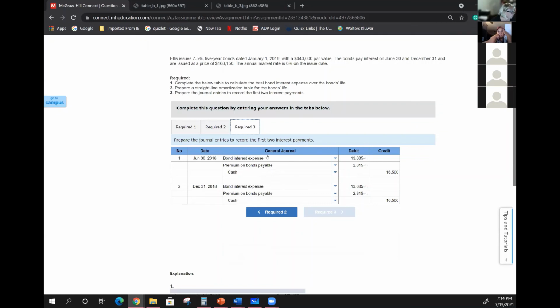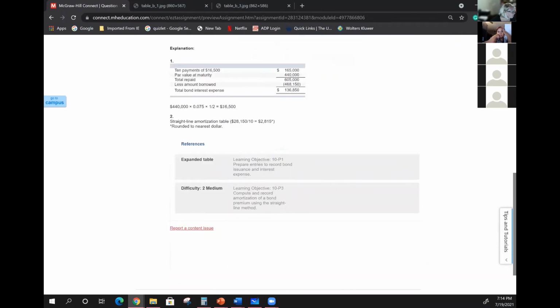Then you calculate your payment, 440 times the 0.075 divided by 2 to get your payment, 16.5. So your entry is real easy too: interest expense debit 16.5, cash credit 16.5. And that's it until you're finished.